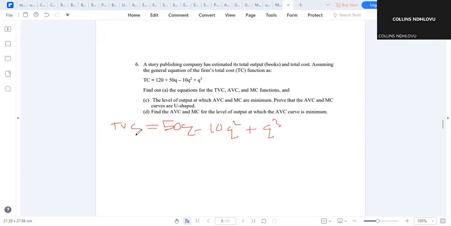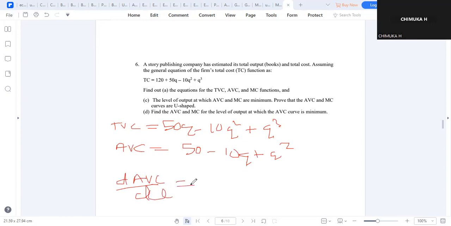So this is our total variable cost. So what becomes our average variable cost? We divide by Q. This would be 50 minus 10Q plus Q squared. Correct. So how do we minimize this one? By differentiating the AVC over the Q.